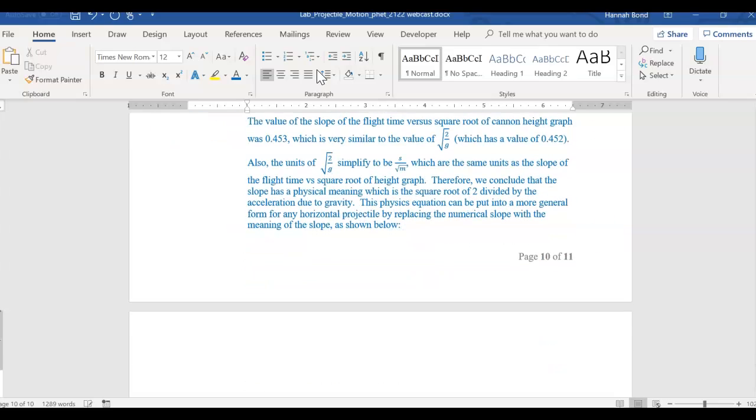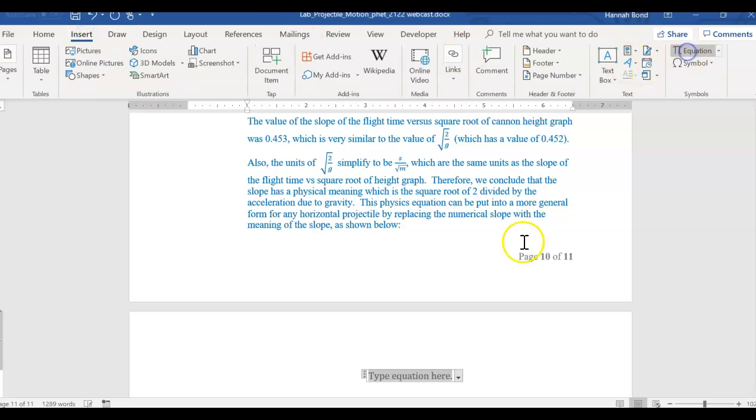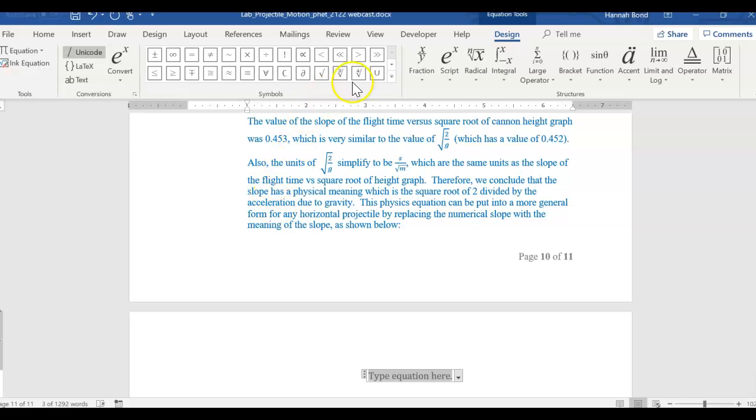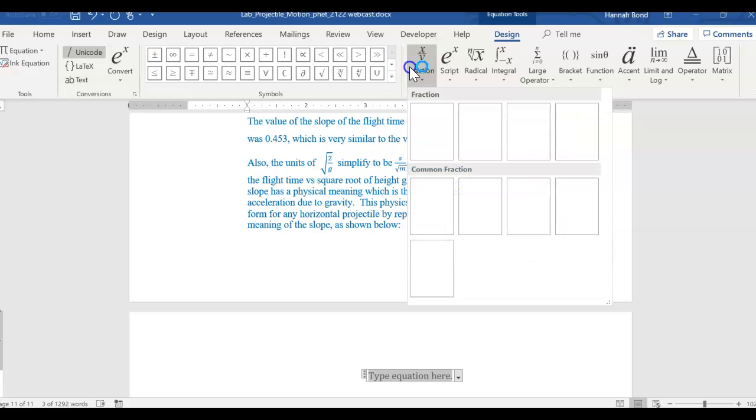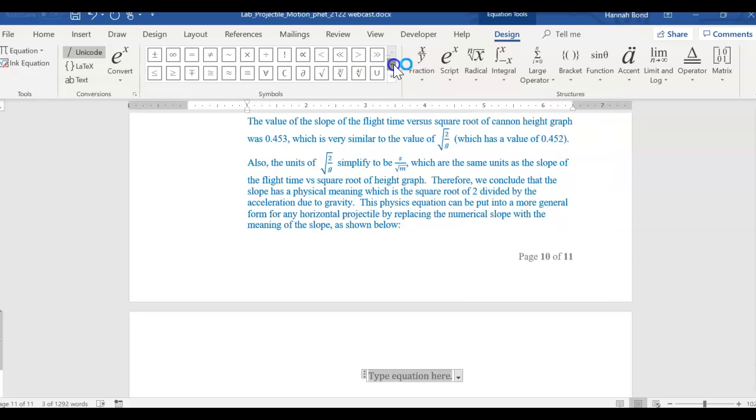So I'm just going to rewrite that physics equation: the flight time, delta t, equals the square root of 2 times the height divided by the acceleration due to gravity.